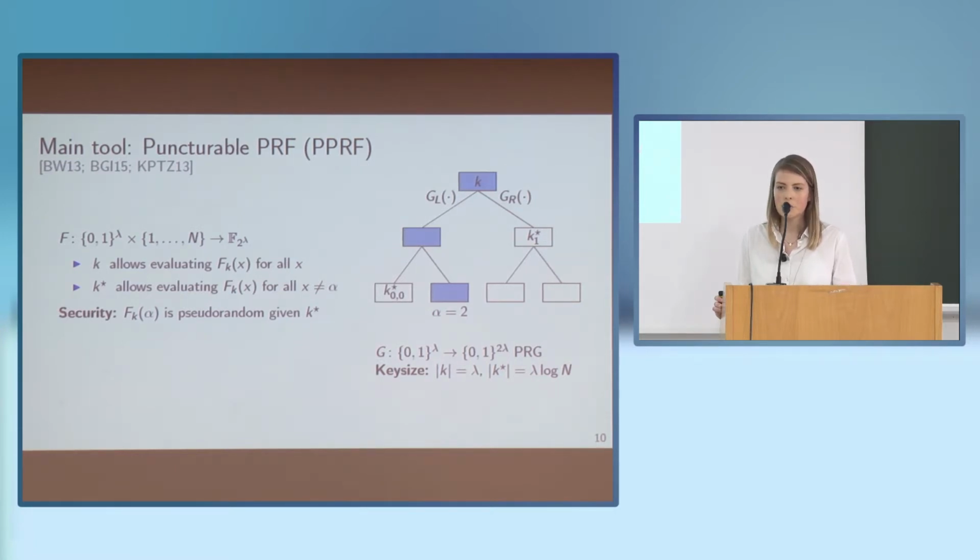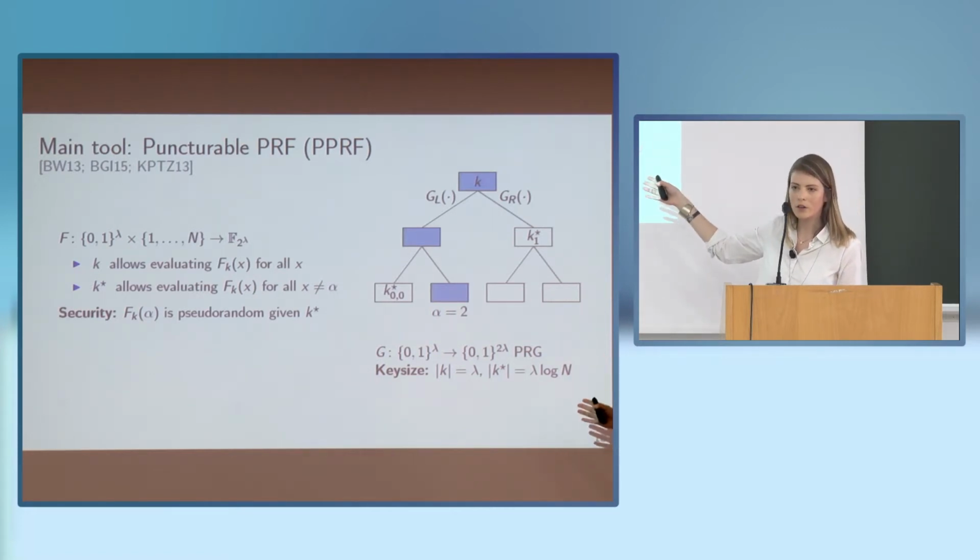A very simple construction is the GGM construction of a PRF from a PRG, where depending on the input, you walk down left or right along the path to the leaves. If you get the root key, you can evaluate the whole tree.